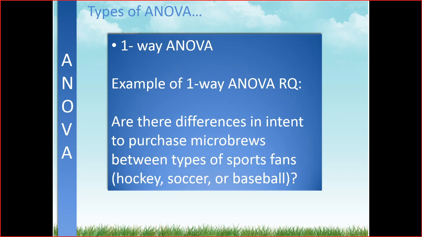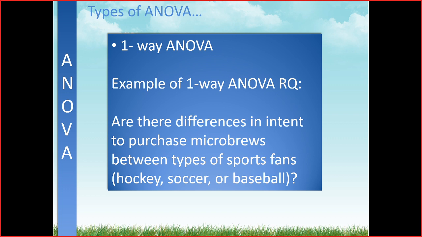ANOVA can get really, really complex, but we're only going to focus on one-way ANOVAs. If we use our microbrew example from last time when we were talking about the t-test, an example of a one-way ANOVA research question would be: are there differences in the intent to purchase microbrews between types of sports fans?